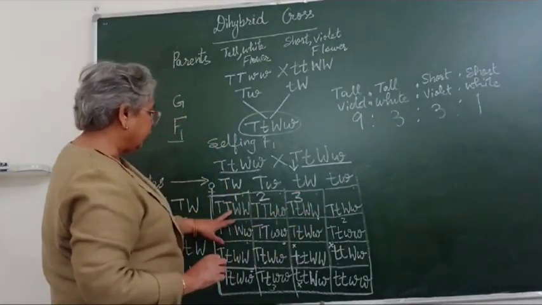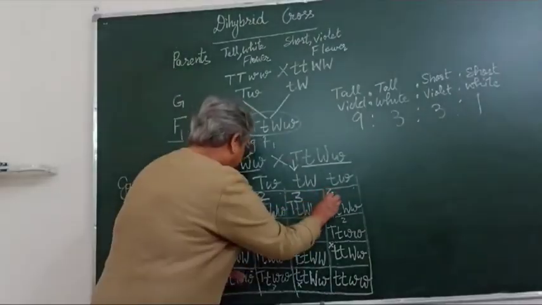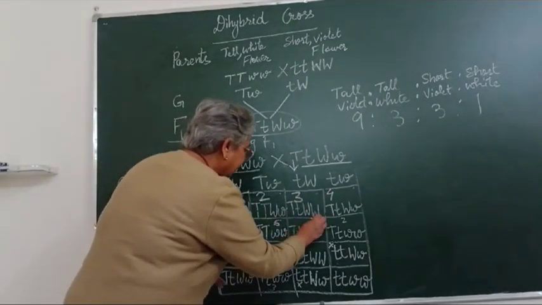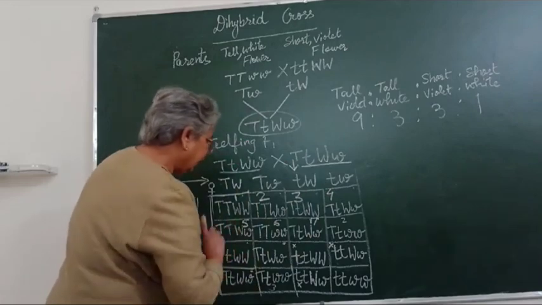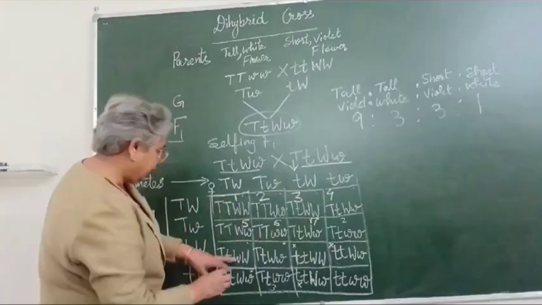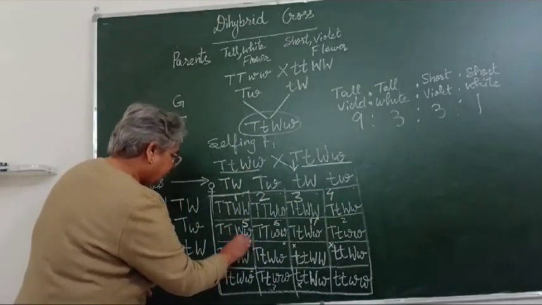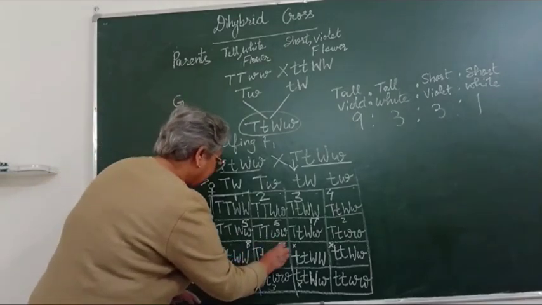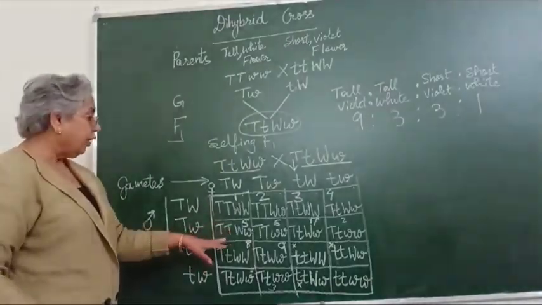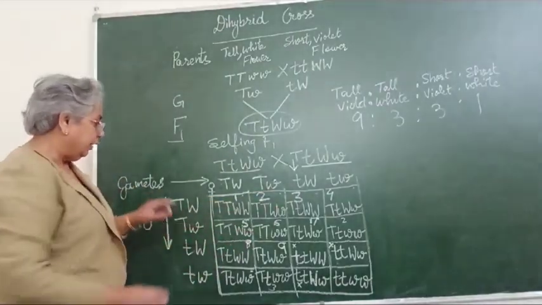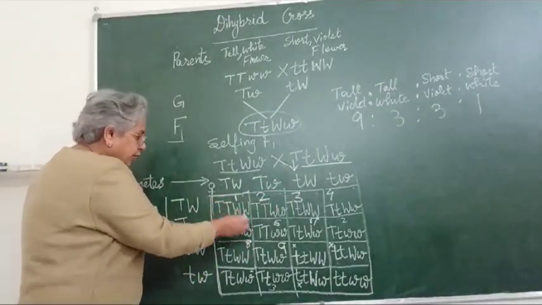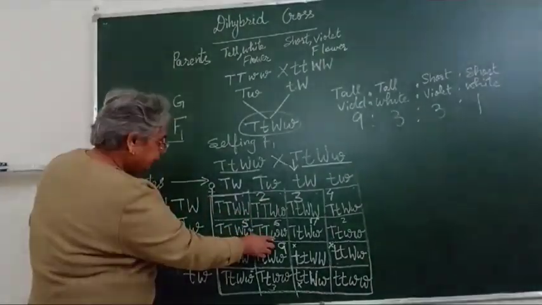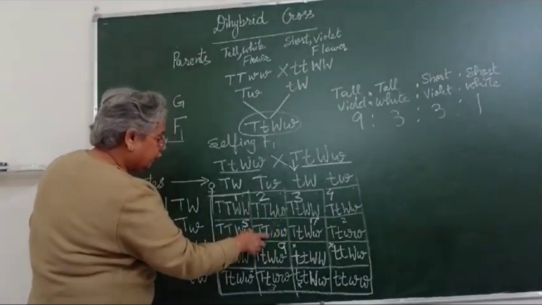Similarly, I go on counting 1, 2, 3, 4 and then 5 and then 6 and then 7, okay, and where is the 8th one? Here, 8, okay, and then this is the 9th. So why are these 9 tall and violet? Now this is pure tall and violet, but this is pure tall, but it is not violet, so we will rub it off.